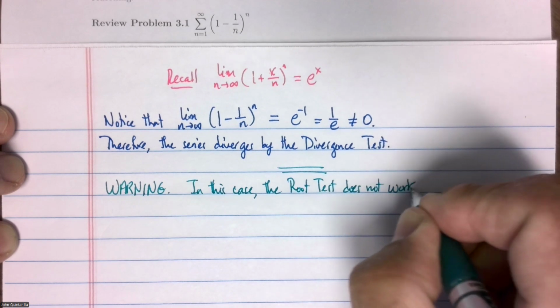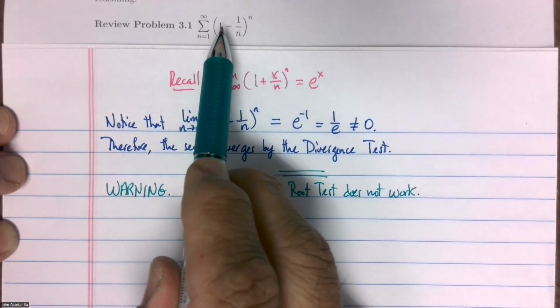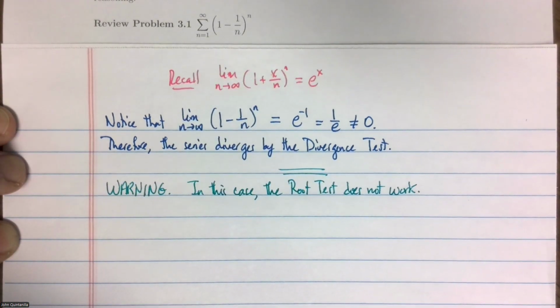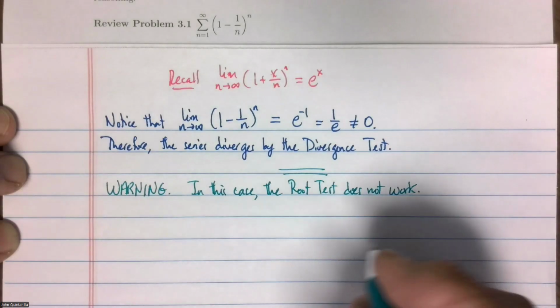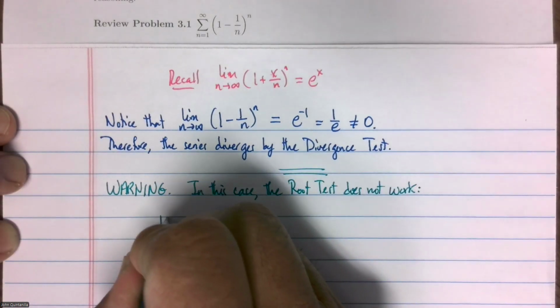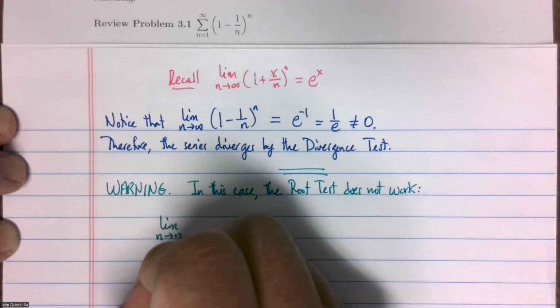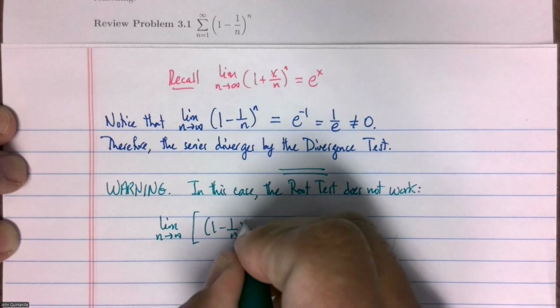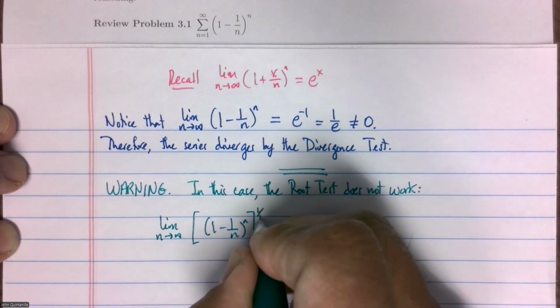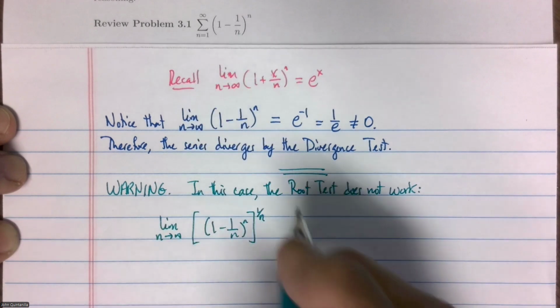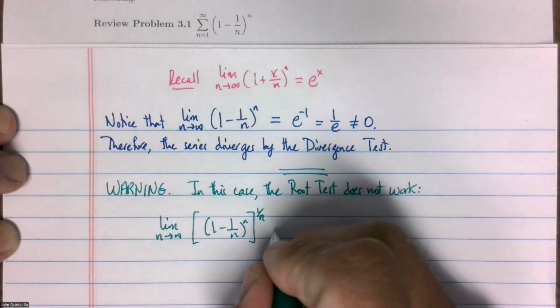Now, why? Ordinarily, when you see something to the nth power, the first instinct is to try the root test. Now, the root test does not work this time because we take the limit as n goes to infinity of ((1 minus 1 over n) to the n) raised to the 1 over n. So we take the thing that I see here and raise it to the 1 over n power and take the limit as n goes to infinity.